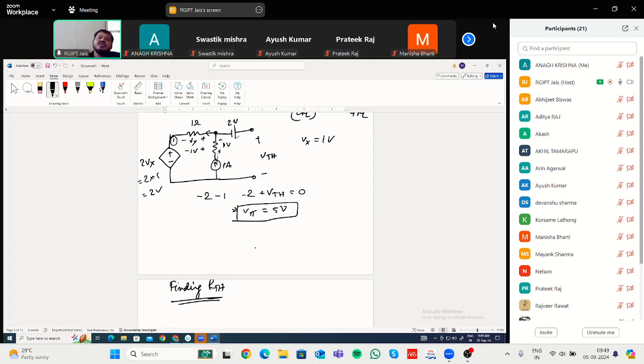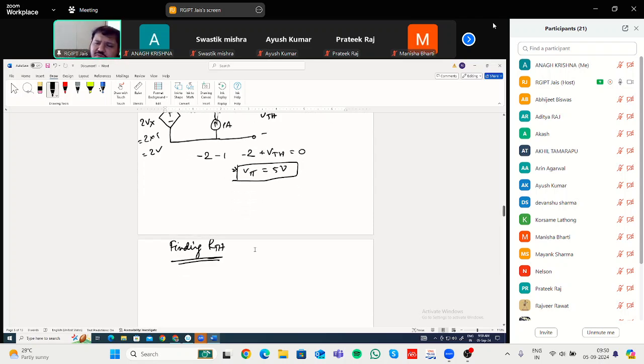So how will the dependent source behave in the actual circuit? That thing you are not considering when you are deactivating the sources. That's why one of the methods is to deactivate the available sources and apply an external source there, like a 1 ampere current source.